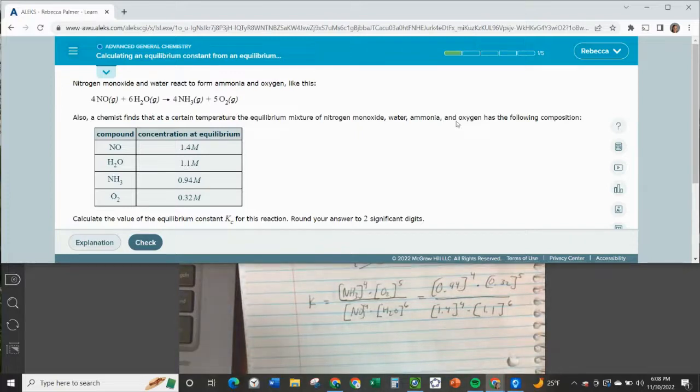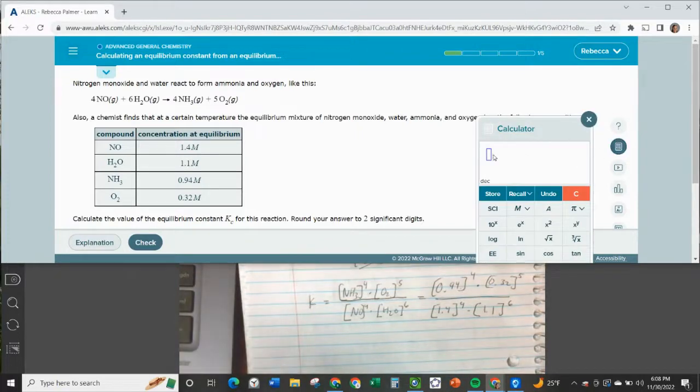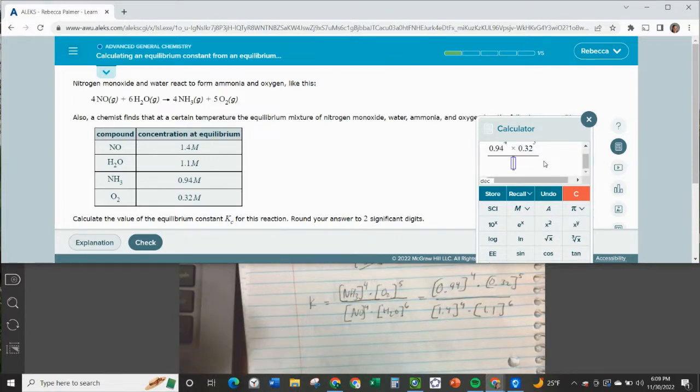And then this mess I will put in my calculator. So 0.94 to the 4 times 0.32 to the 5, and then all of this needs to be divided by 1.4 to the 4, and then times 1.1 to the 6.